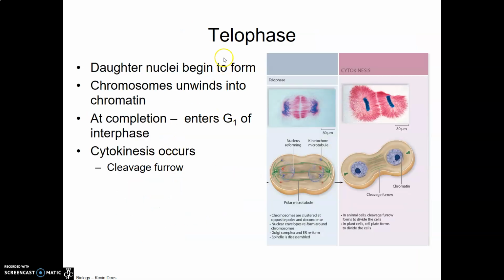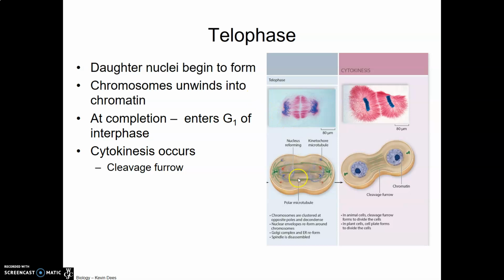The final portion is telophase, and in telophase it's sort of the opposite of prophase. In prophase we saw the nucleus erode; well, here we're going to see the daughter nuclei begin to reform. Our chromosomes will unwind and reform chromatin.